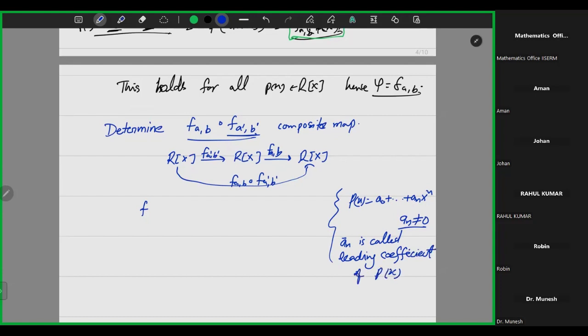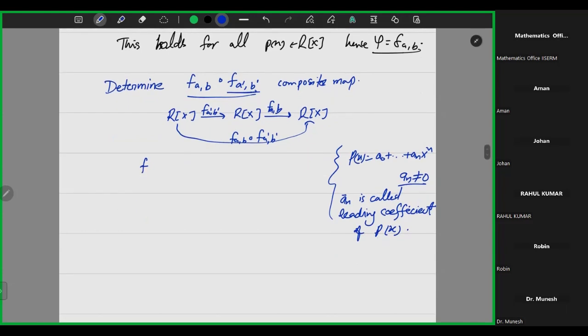So what I'm telling here is f_ab composed with f_a'b' evaluated at p(x). First f_a'b' will apply on p(x), and then f_ab.